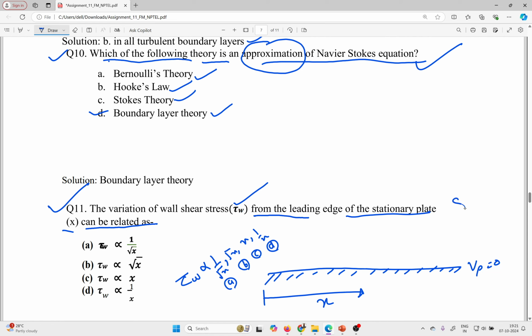Previously I have told you that the boundary layer thickness is directly proportional to root x as per Blasius. Similarly, the variation of wall shear stress tau w is inversely proportional to root x.